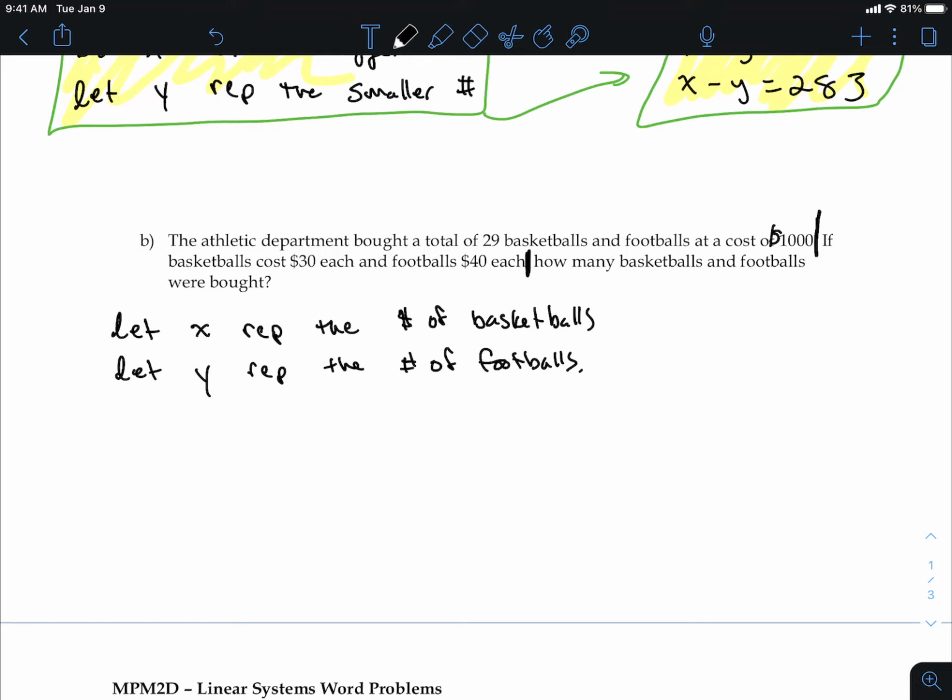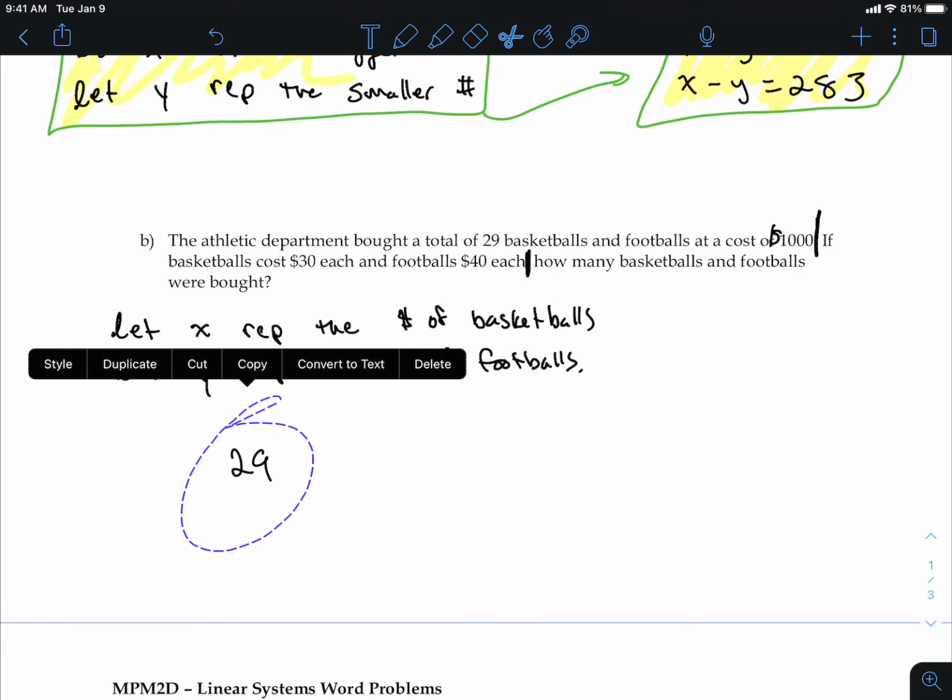So if I buy 29 basketballs, sorry, it might be the, isn't it 29 total for basketballs? Oh, you're right. Sorry. Yeah. Okay. So here's a little other side fact which we'll use later.